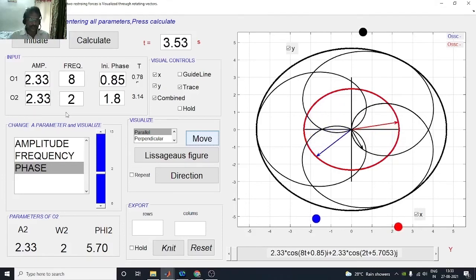And when the frequencies are not equal, the important difference which you observe is the angle between the vectors, that is the phase difference between the two vibrations, is a function of time, and the combined motion no more occurs on a circle. It takes some different forms. So remember that that would mean that a x-t graph is no more a cos omega t kind of a graph. It would be some complex combination.